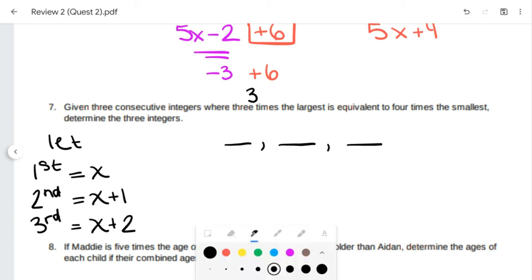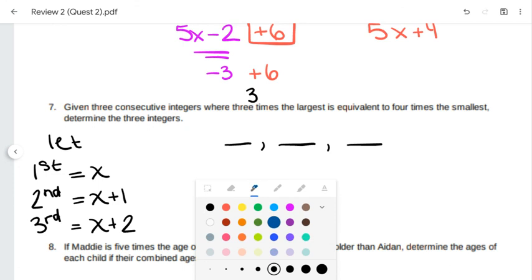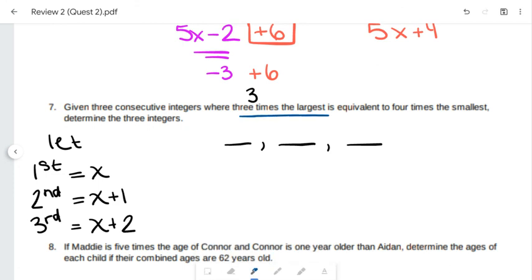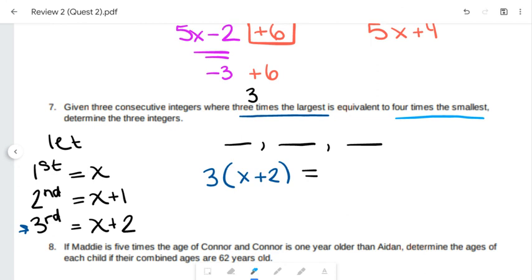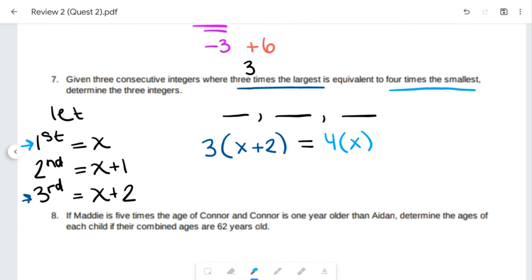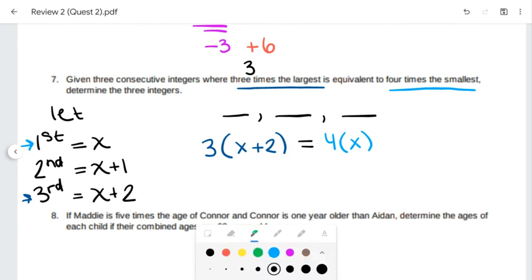Now I have to read the sentence to help me figure out the next part of this. 3 times the largest. So the largest is going to be the third one. So 3 times x plus 2 is equivalent to, so I can set my equals up, 4 times the smallest. So the smallest is going to be x because it comes first. Okay. And then now we can go ahead and solve through this.